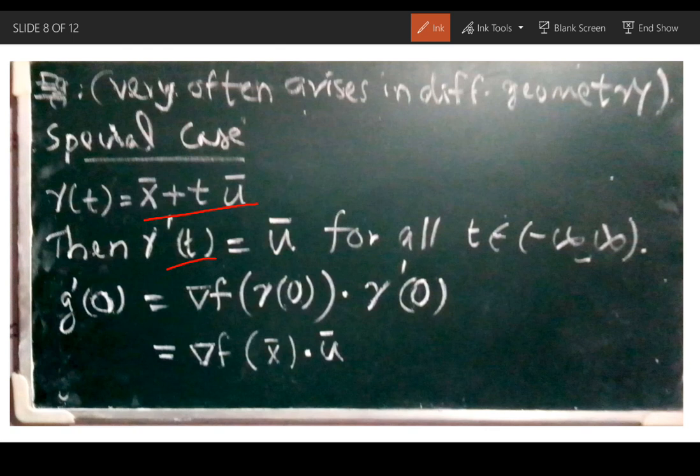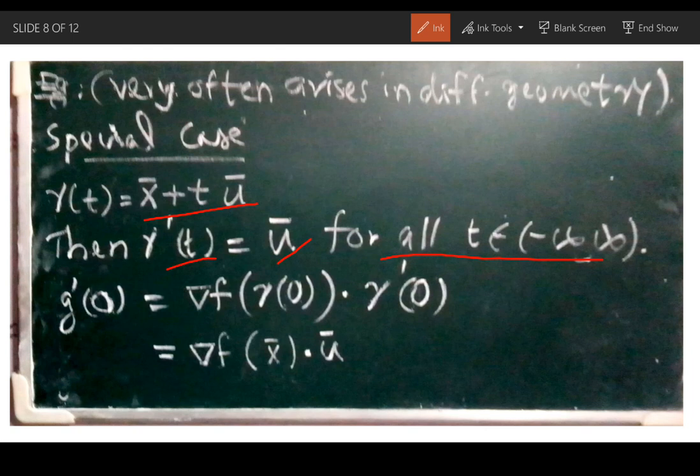When you differentiate with respect to t, you will get ui. That is the ith coordinate. So what is the vector corresponding to that? It is u1, u2 etc. un, precisely the vector u. So gamma dash of t is equal to u for all t in minus infinity, infinity.